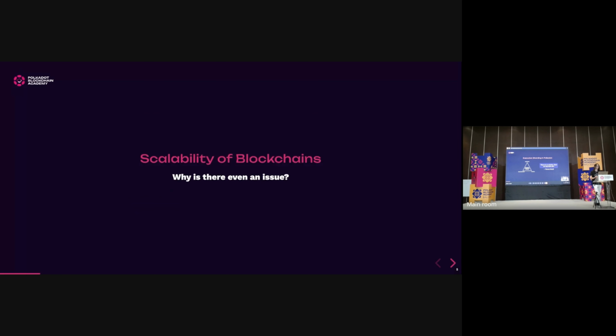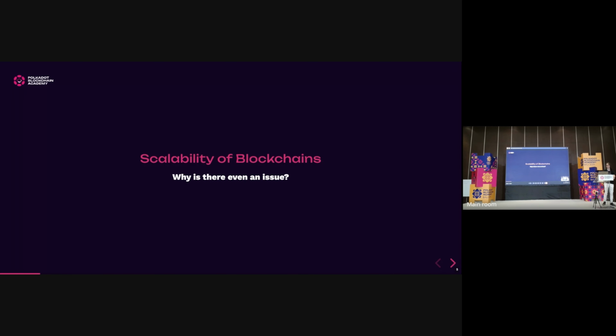The scalability, decentralization, security trilemma is a common problem all over blockchains in general. Basically, you have three corners and you can only choose two of them. The more you try to get close to one corner, the more you lose one of the other ones.